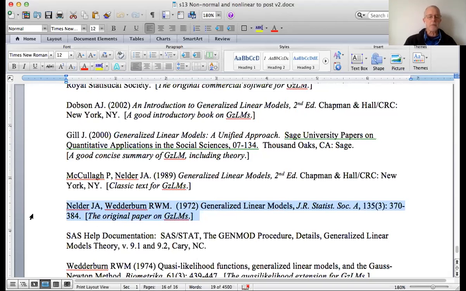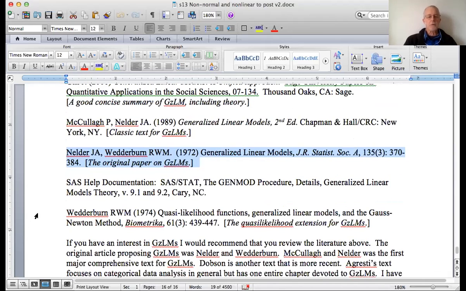Nelder and Wedderburn, 1972. Quasi-likelihood was then developed in 1974 by Wedderburn, who followed up on this original idea and extended the Newton-Raphson approach for this situation. So those are the two key theoretical papers.